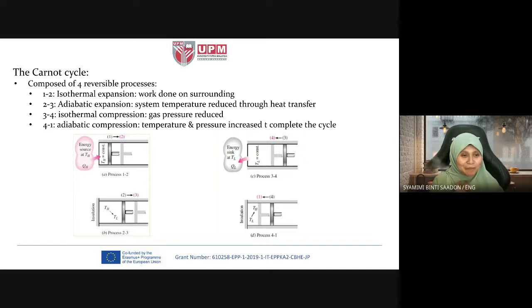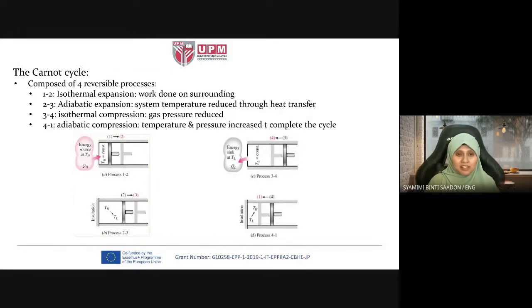Okay, process 1 to 2 we assume as isothermal expansion. Isothermal means constant temperature. The process only 1 to 2, not the whole cycle. Expansion decreases pressure like a turbine.